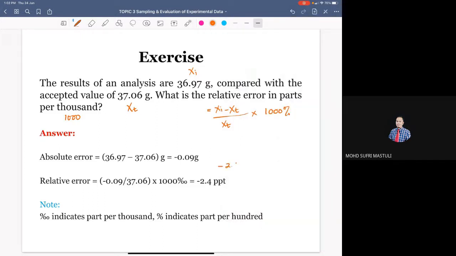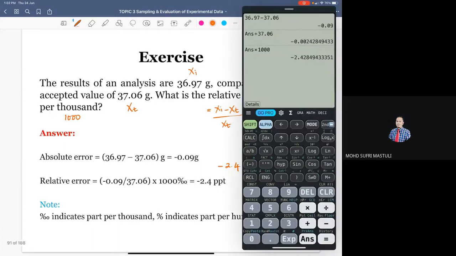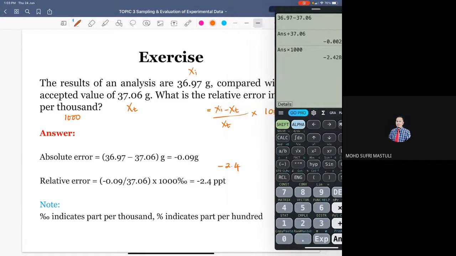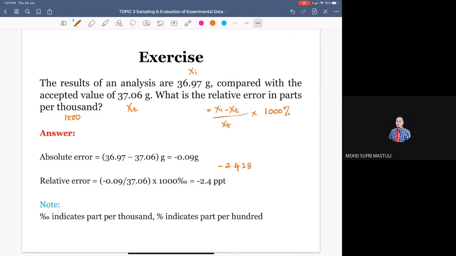Okay, so you can obtain minus 2.4 ppt. This symbol indicates parts per 1000, and this symbol indicates parts per 100.